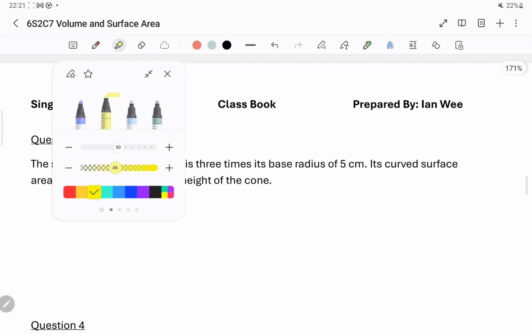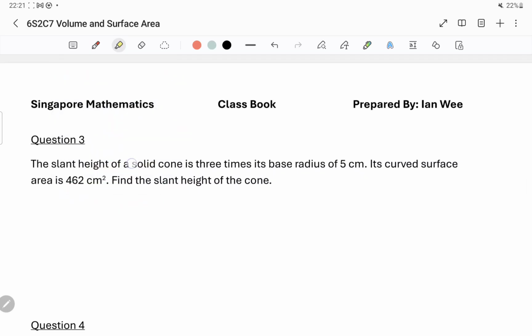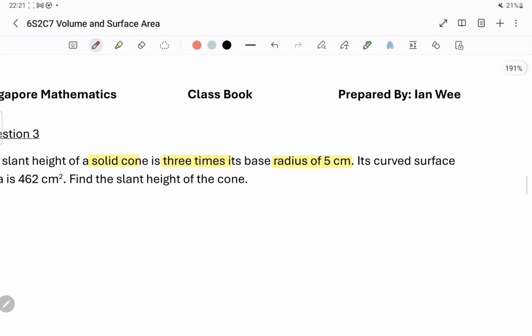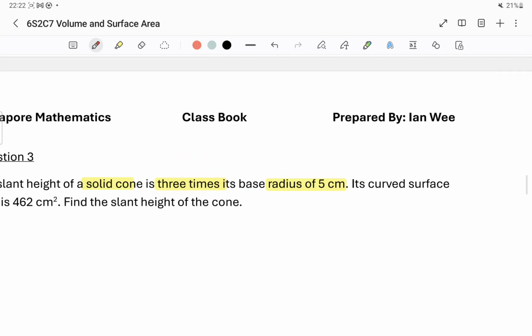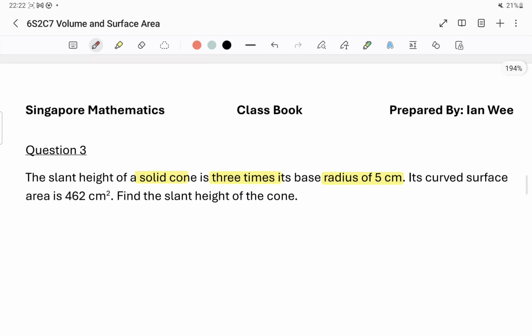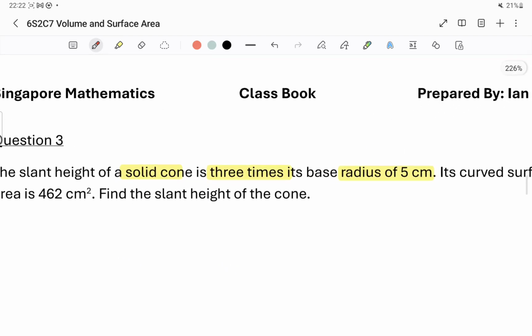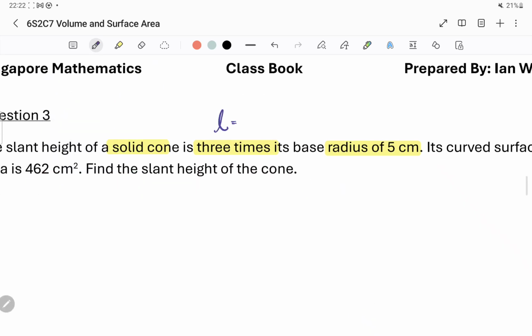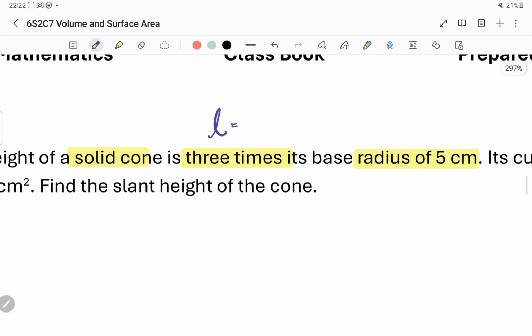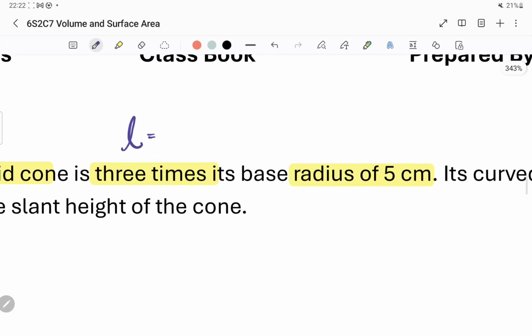Now the question here gives you that the slant height of a solid cone is 3 times the base radius of 5 cm. I want you to always have a habit: when you see something like that, follow the sentence and write it down. They say the slant height, so you put it as L. The slant height of the cone is 3 times, so you put 3 first.